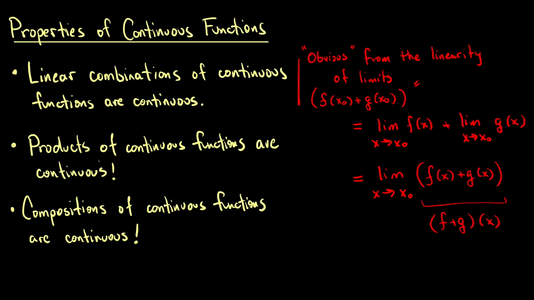And of course, this one up here is what f plus g of x naught is. So you see that this proof involved almost nothing. I just used the assumption that f and g are continuous, the linearity of limits, and the definition of what it means to add two functions, and it pops out.